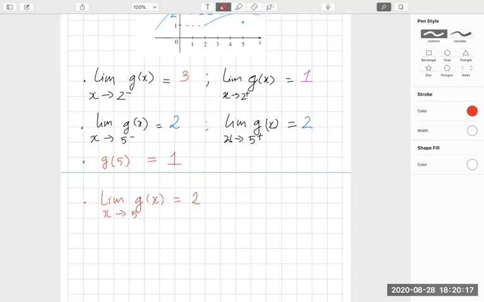Right? As x approaches 5. However, this is not the value at 5. So be careful in the future.